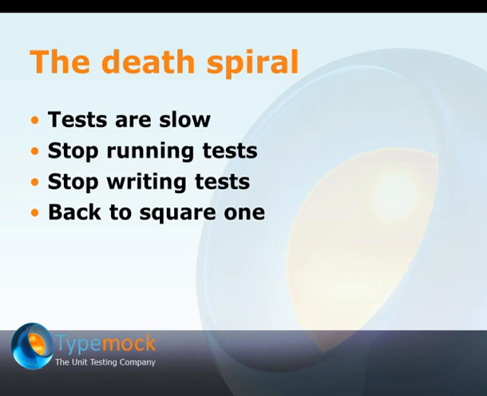By the way, the opposite of the death spiral is what happens when the tests do run quickly. We're talking about from milliseconds to 2 minutes, for example, for a very big suite. What happens then is something very interesting, because instead of trying to delay the runs, you'll start running them very frequently.